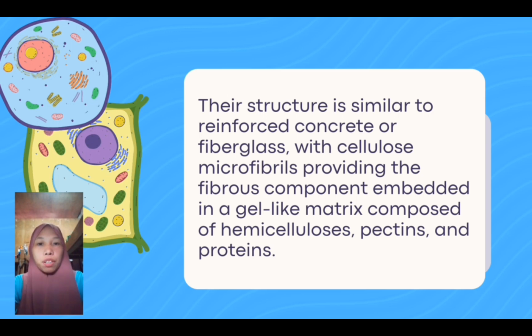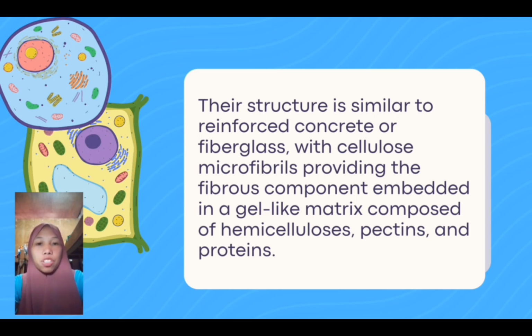So, their structure is similar to reinforced concrete or fiberglass, with cellulose microfibrils providing the fibrous component embedded in a gel-like matrix composed of hemicelluloses, pectins, and proteins. So, ang structure ng plant cell wall ay parang reinforced concrete or fiberglass. So, ang cellulose microfibrils ay nagsisilbing fibrous material na nagbibigay ng strength habang ang gel-like matrix ay binubuo ng hemicelluloses, pectins, and proteins.